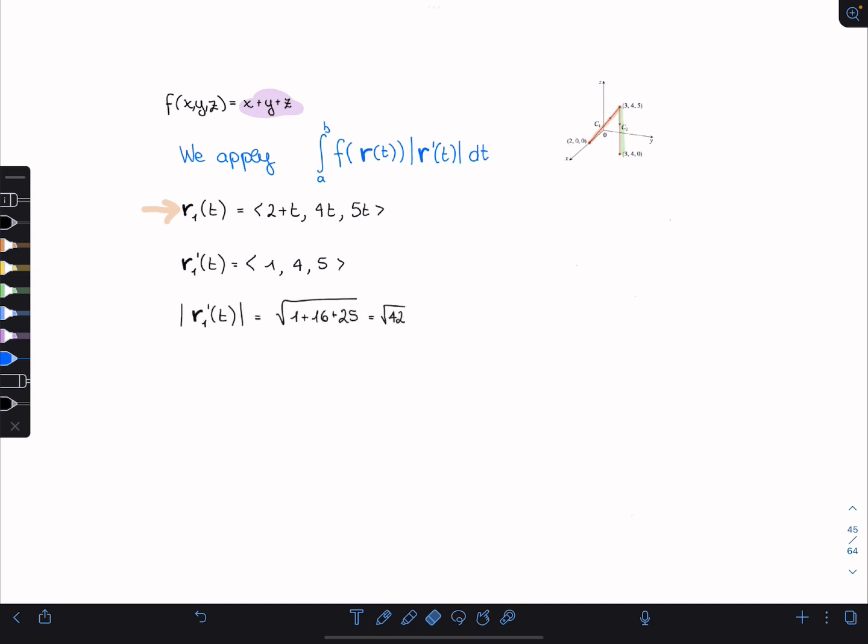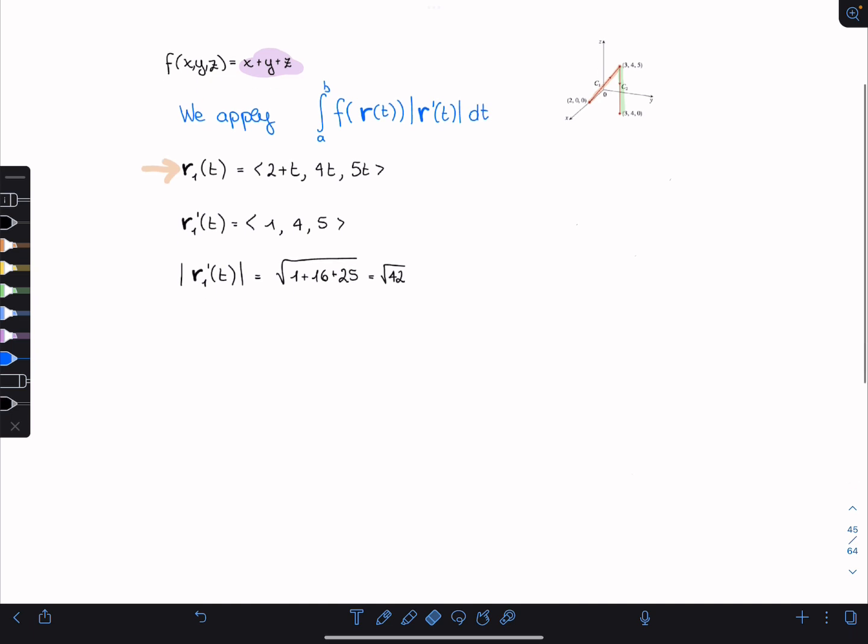We now take the magnitude of this. Taking the magnitude, we have here the square root of 1 squared plus 4 squared plus 5 squared, and this is equal to the square root of 42. Now, as we need this term here, we can simply evaluate the function f at the parameterization.